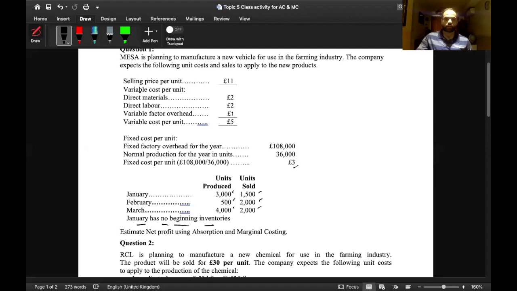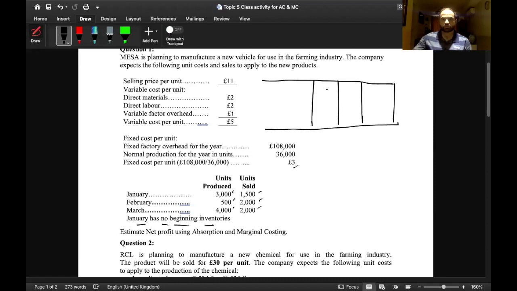All right, so you're going to calculate profit like this. Absorption costing. So January, February, and March.